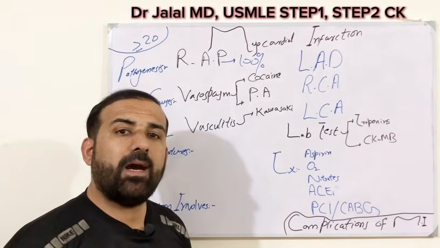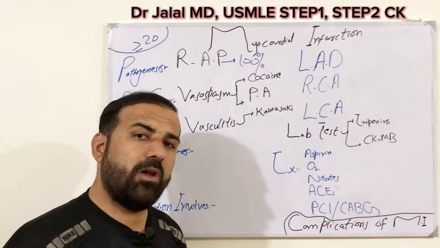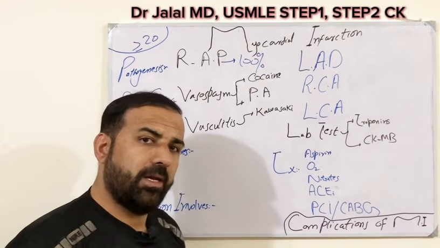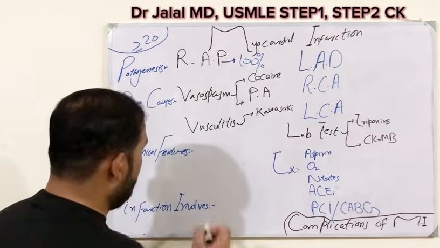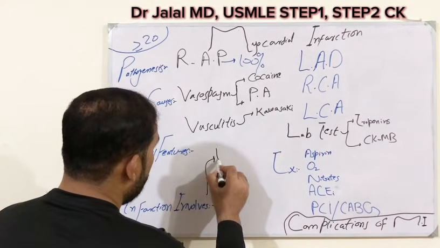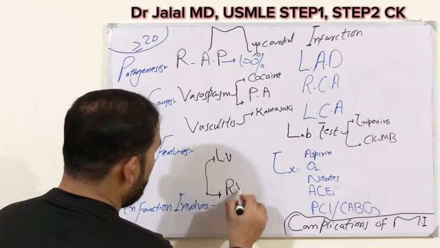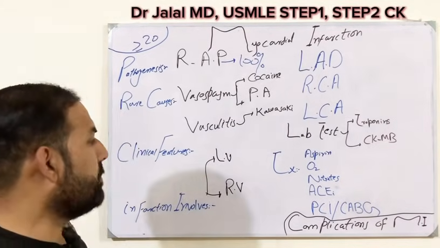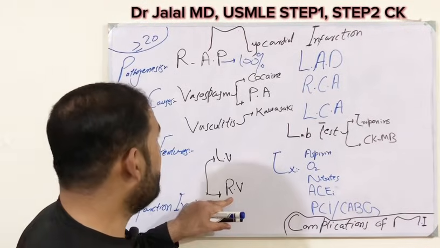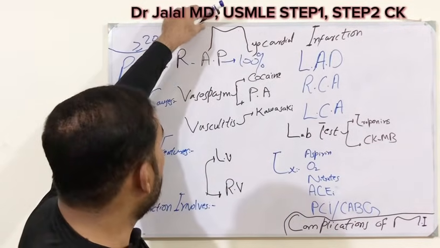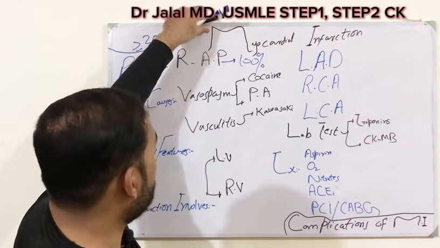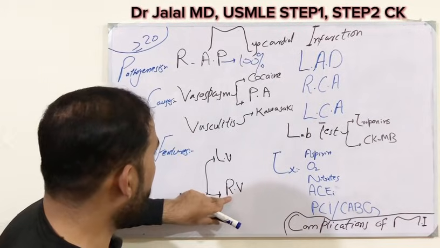Now you can ask which ventricle MI involves. Let me tell you that MI can involve the left ventricle as well as the right ventricle, right? And you have to be very careful dealing with MI patients who present to the emergency department with right ventricular infarction.